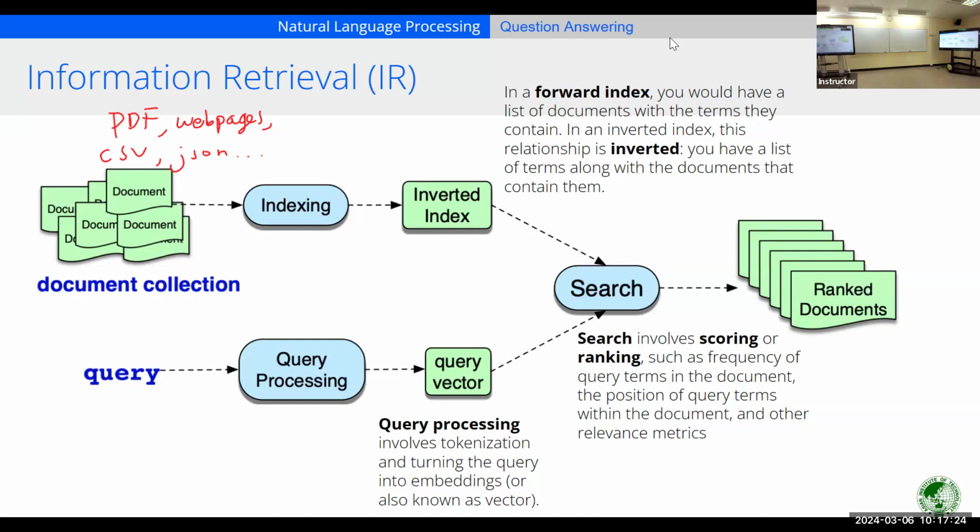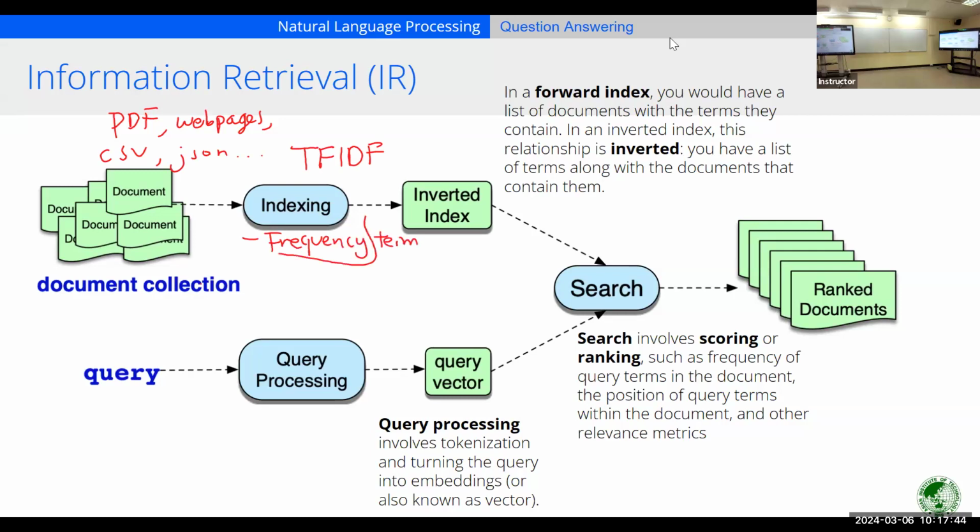You index them, right? So the indexing could use some technique called TF-IDF, which I will teach you. But indexing is basically something like frequency. You want to know the term frequency, right?